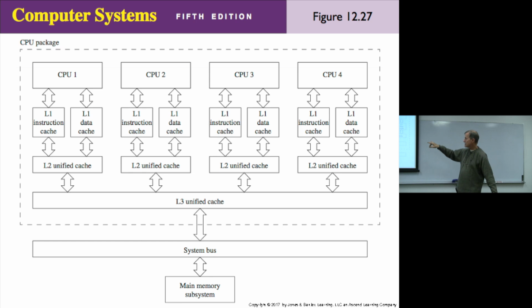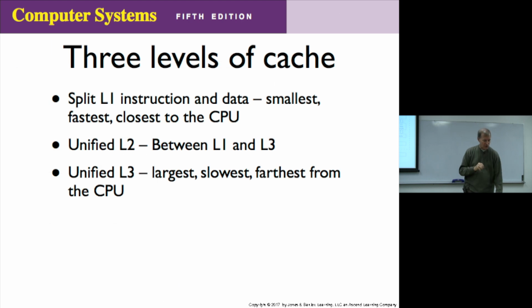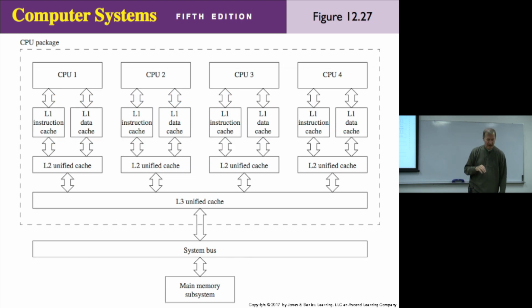And look at how they're designed. Each CPU has its own L1 cache, but it has a separate cache for instructions and for data. Do you see what I mean? That's what's called a split cache. That's why it's called split L1 instruction and data, smallest, fastest, closest to the CPU. And then there is an L2 unified cache.